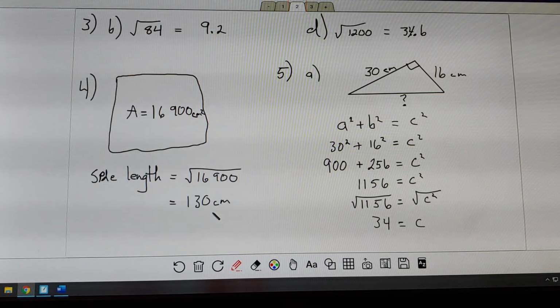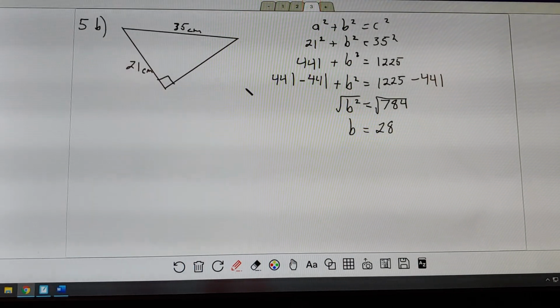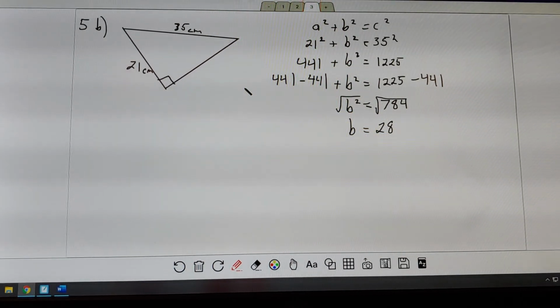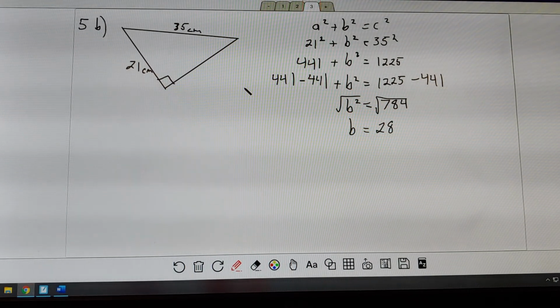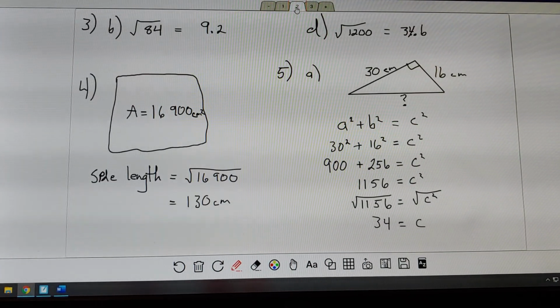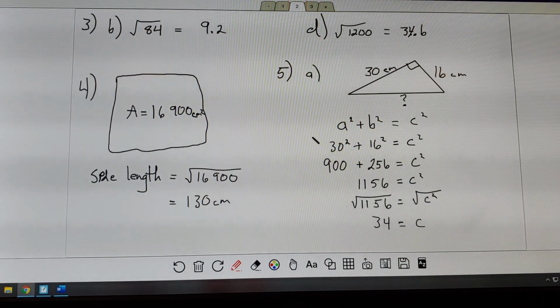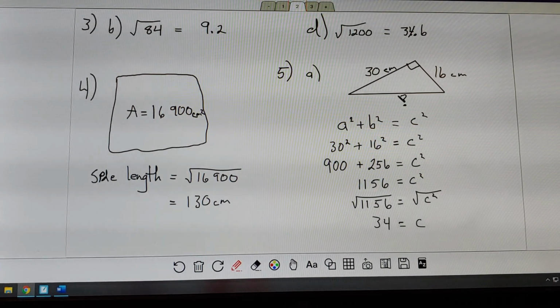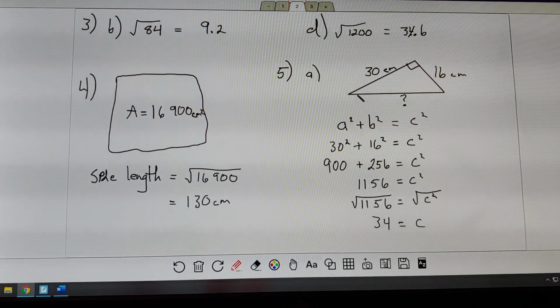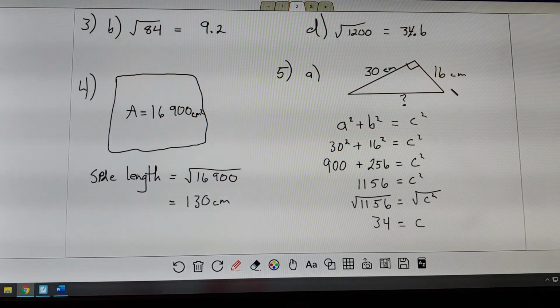With that one, they were getting more into just finding missing sides using Pythagorean theorem. So, there's 5a. With this one, I drew it out. So they gave us a 30 centimeter side, a 16 centimeter side. And they say, find the missing sides. Okay, well, I'm doing Pythagorean theorem.